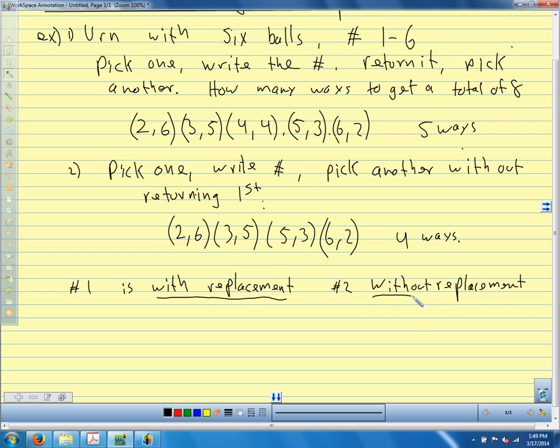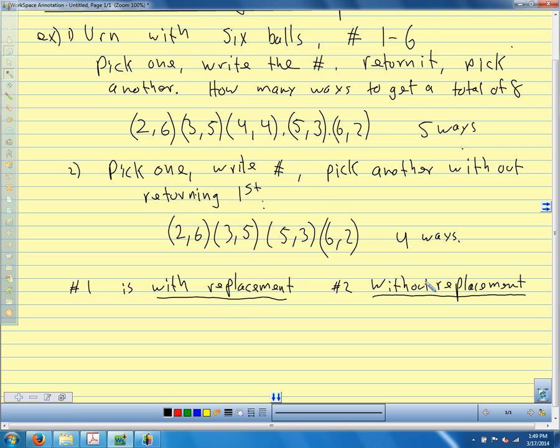When we count things, it's important to know whether we're talking about with replacement or without replacement. Do we allow repeats? Here we're allowing a repeat; here we're not allowing a repeat. It's kind of the same idea. How we count them depends on whether we have replacement or no replacement, repeats or no repeats.